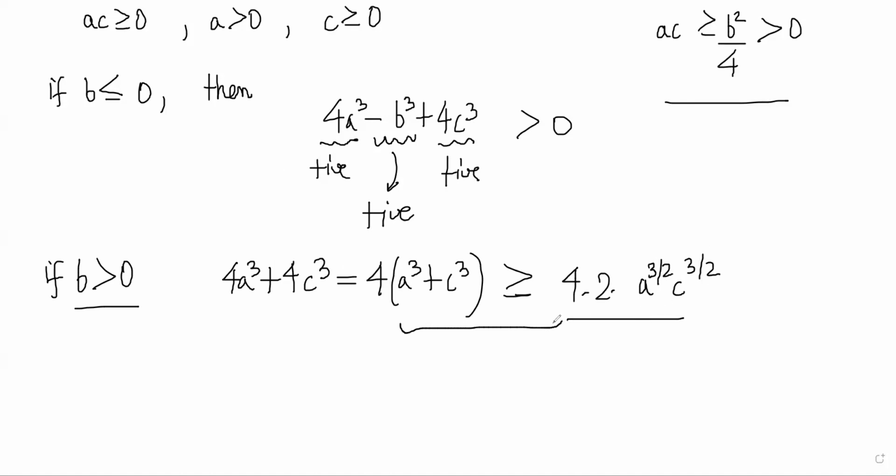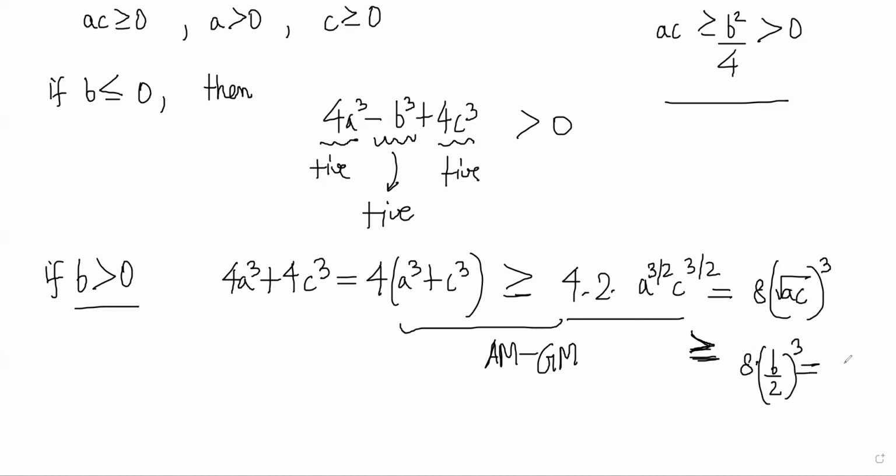This step is coming by AM-GM inequality since A and C are both positive. So this is equal to 8 times root over AC to the power 3, and that is greater than or equal to 8 times root over AC, which is greater than or equal to basically B by 2. So B by 2 whole cube, which is equal to B cube.